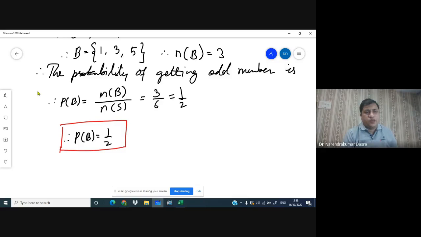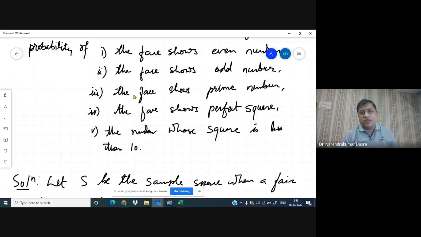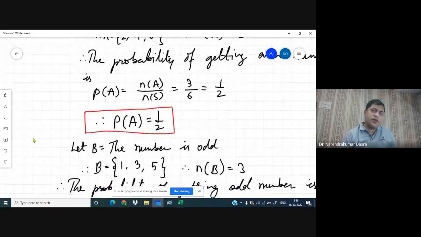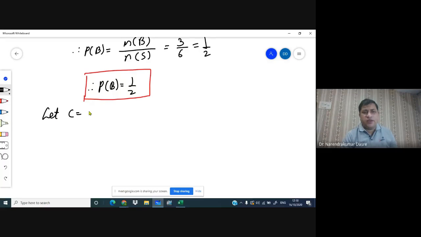What is the next event we have? The next event is that the face shows a prime number. Let us see how many prime numbers we have. Let the event be that the number is prime.